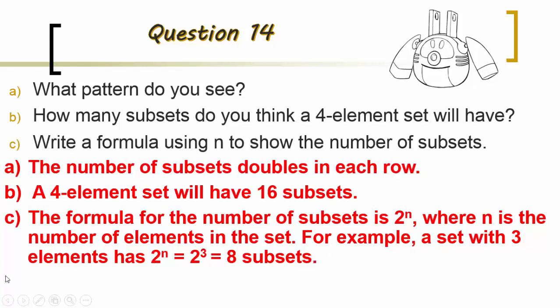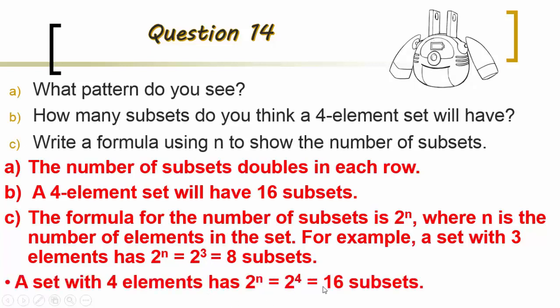So for a set with 3 elements, 2 to the n, where n is equal to 3, would be 2 to the third, which would be 8 subsets, and this would correspond to our example 13. So then we can guess, finally, that a 4-element set would be 2 to the fourth, and 2 to the fourth would be 16 subsets.